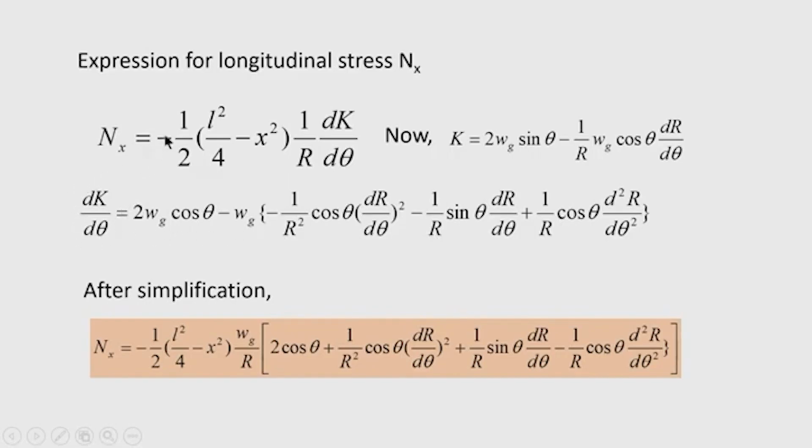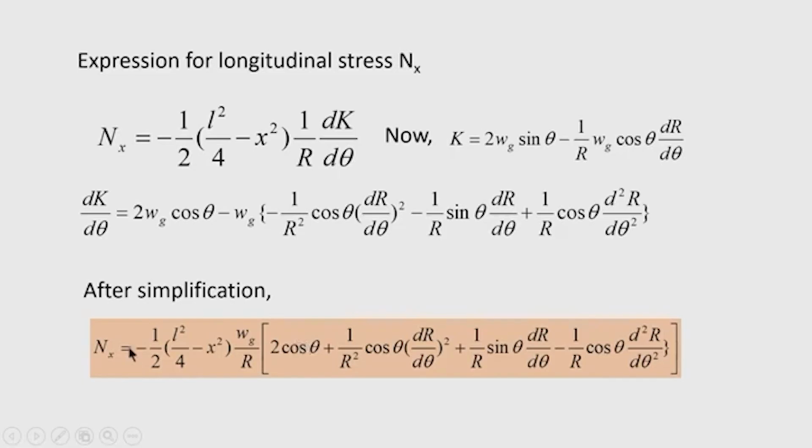Now it is possible to write the expression of n x. The expression for n x becomes 1 by 2 L square by 4 minus x square w g by r, and in the bracket whatever quantity we have got after differentiation of k is written here.